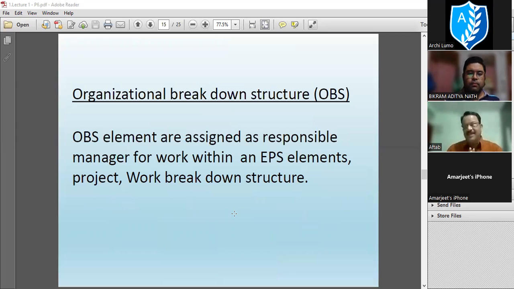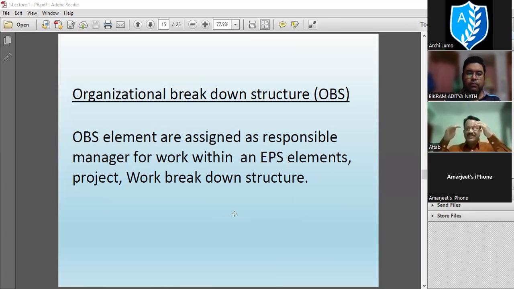All the management guys, whether they are on site, maybe a site engineer, definitely they are executing the project, they are managing the project, project manager, project engineer, all these guys who are involved in any project at any level of management, whether it is the lowest level or whether it is the VP or owner of the company, all these management guys are structured into OBS, organizational breakdown structure.